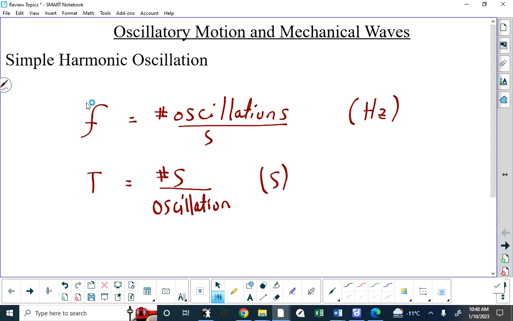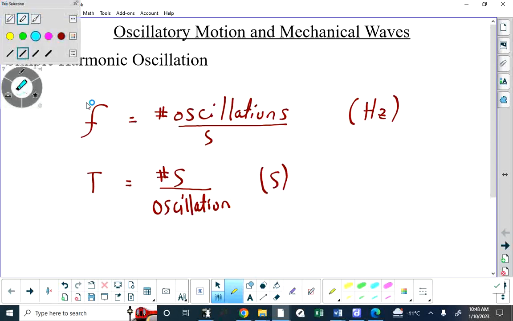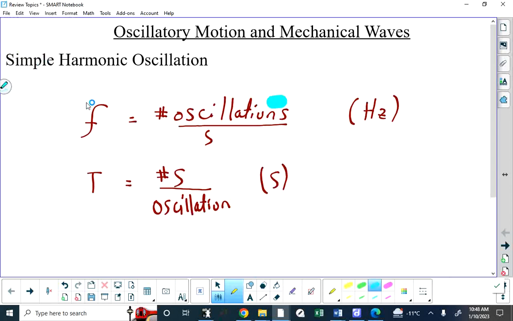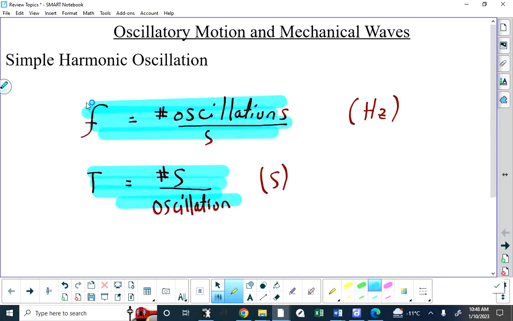And if you look at how I've defined frequency and period, it becomes quite clear that these things are reciprocals of each other.